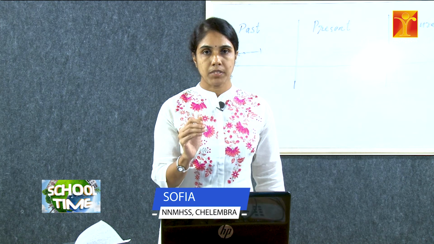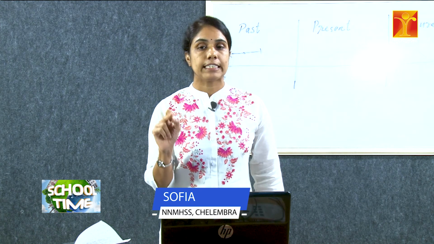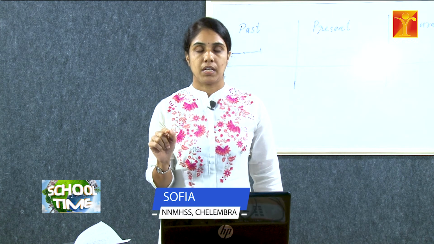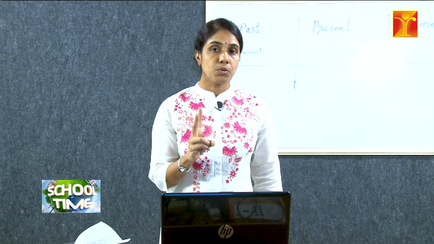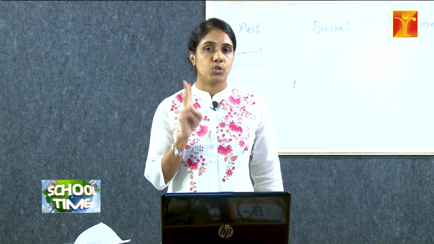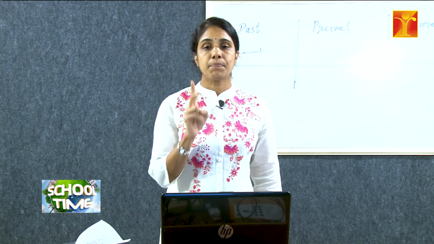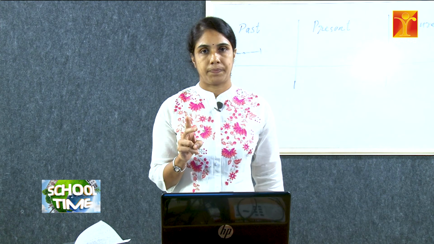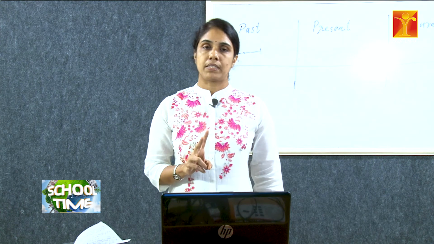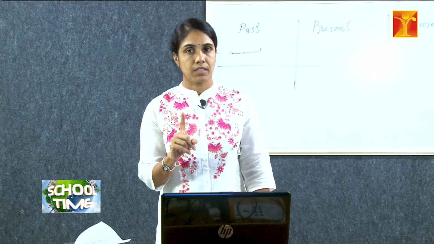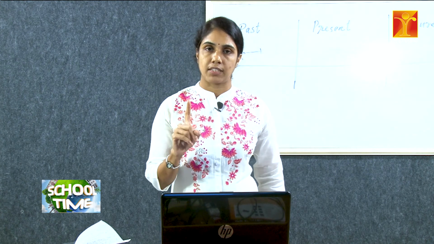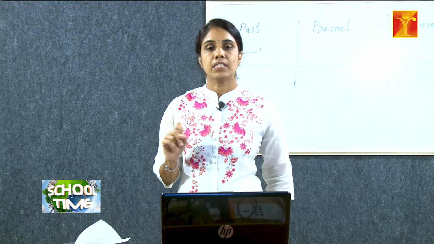At the same time, past perfect tense is a must if there are two past actions. If we are mentioning two past actions, if we are talking about two past actions, past perfect tense is a must. And if there are two past actions, we express the first past action, the earlier past action, with this tense, that is past perfect tense.